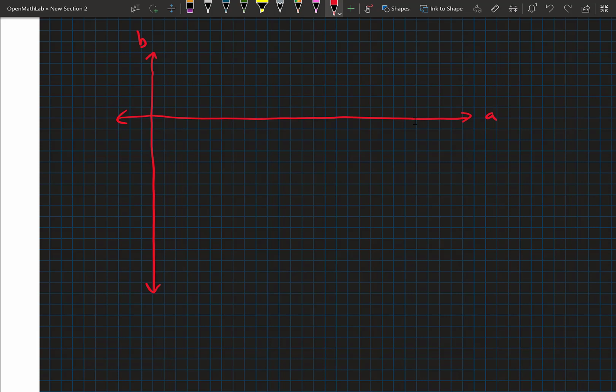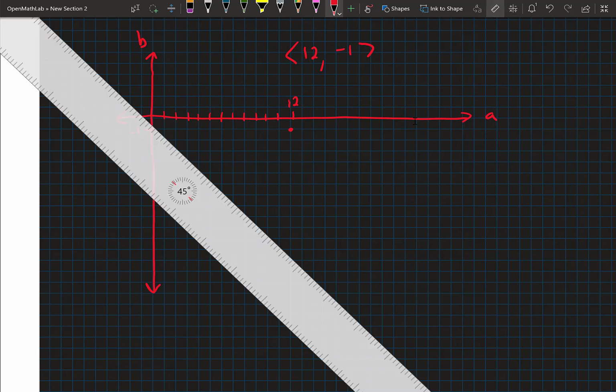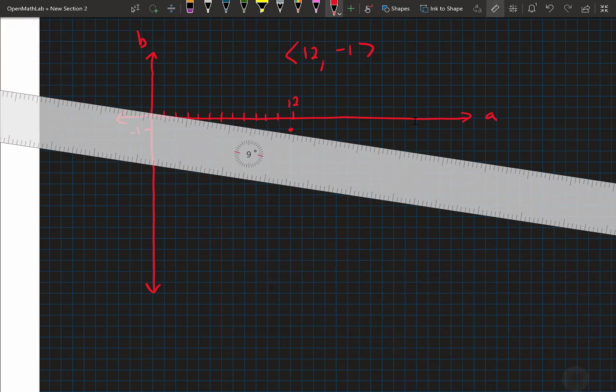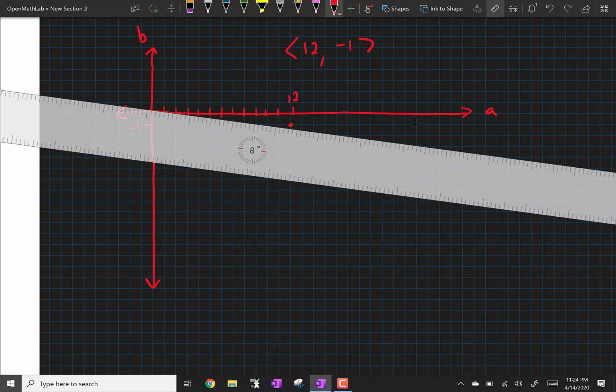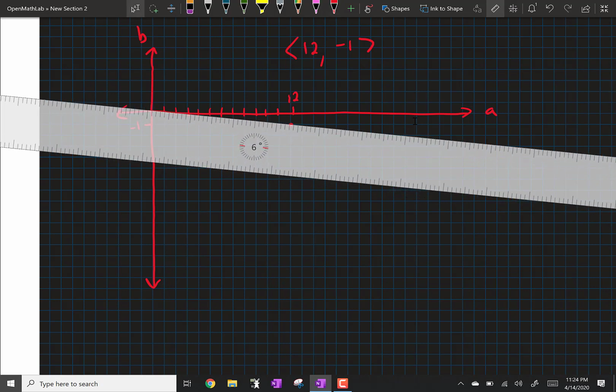So we want to graph the vector 12 comma negative 1. So if we go 1, 2, 3, 4, 5, 6, 7, 8, 9, 10, 11, 12, and then negative 1, and I put a dot there, then the vector that goes from the origin to there would be the vector that we're looking for.